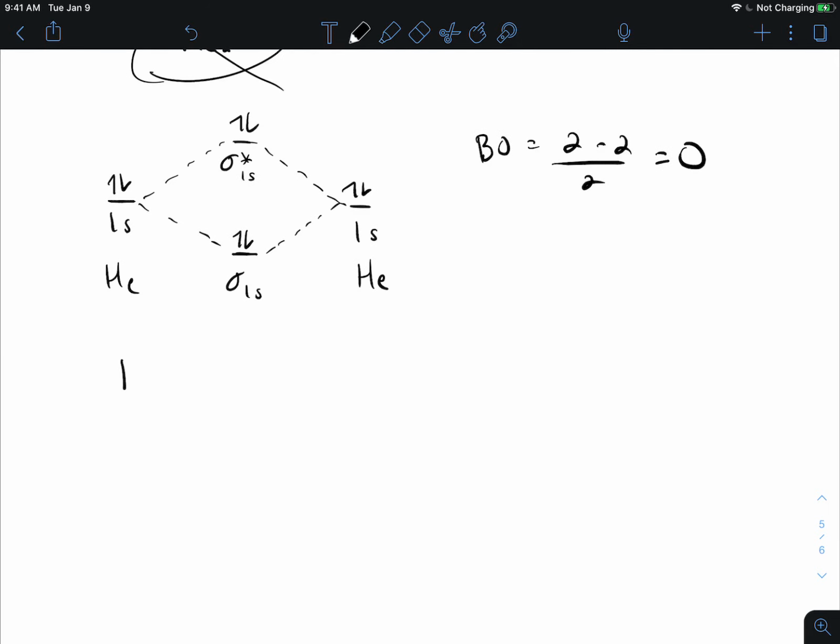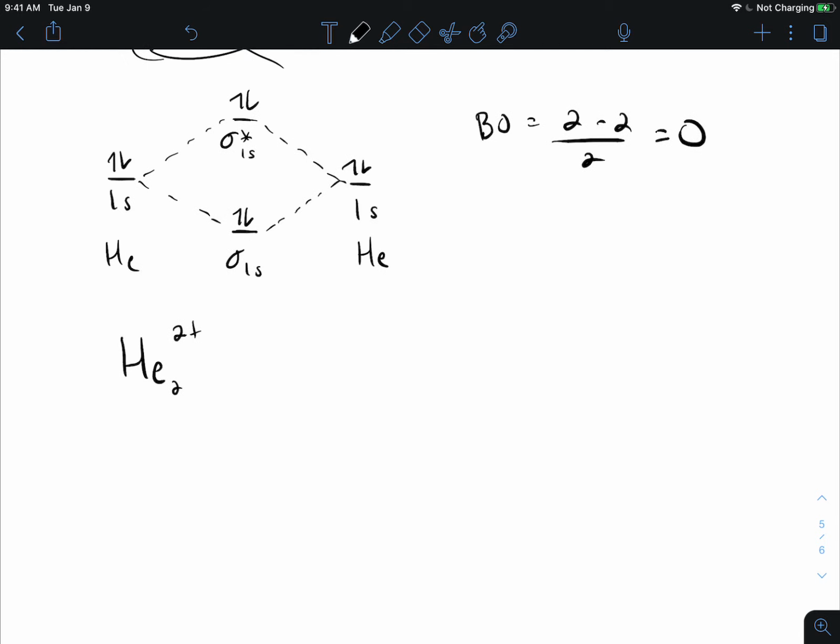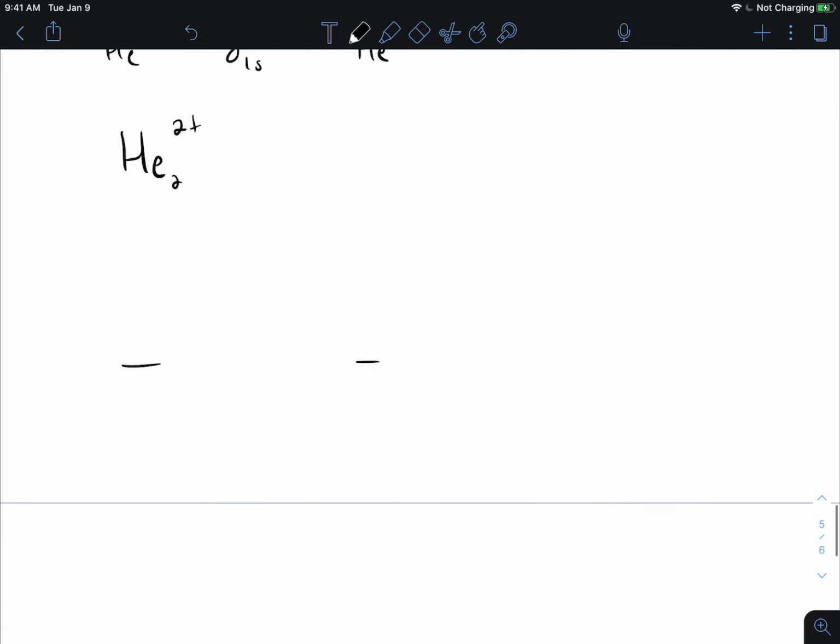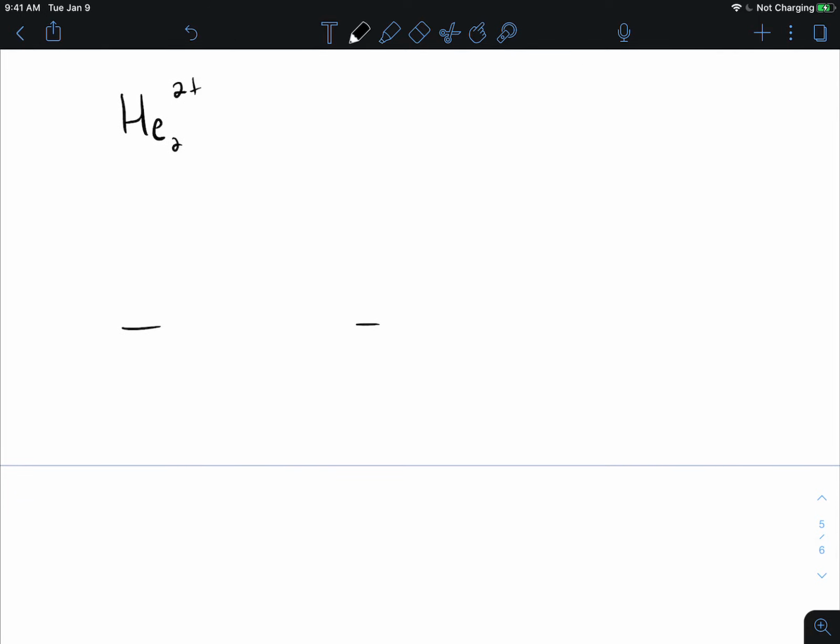If we looked at He2 2+, we could actually get a molecule here. And let me show you. For He2 2+, we are missing an electron from each helium, and it'll have the same bond order that we see in hydrogen, because we've lost those 2 electrons.